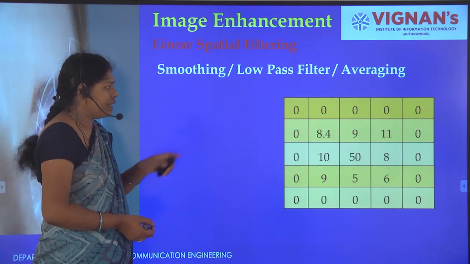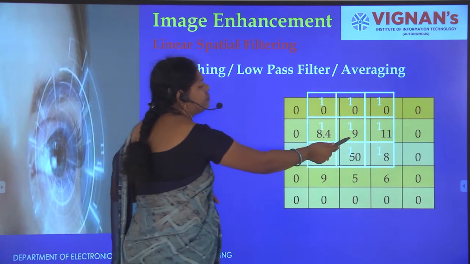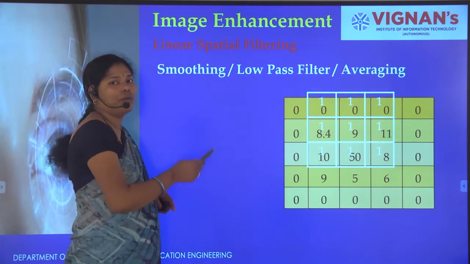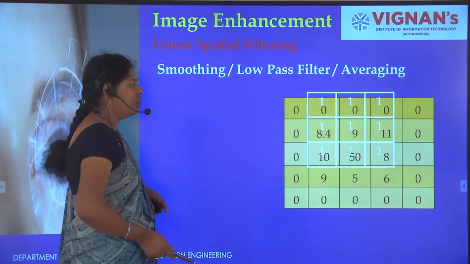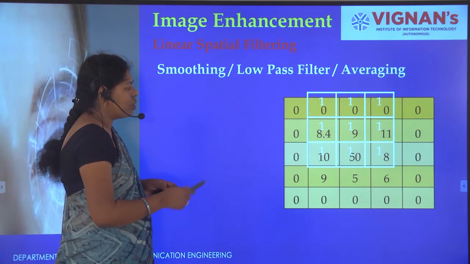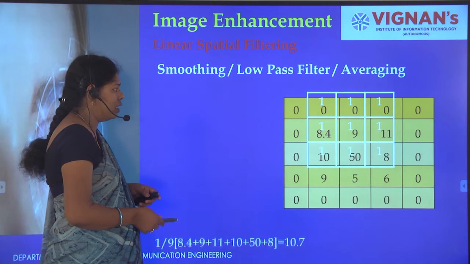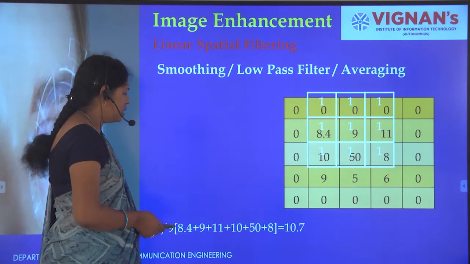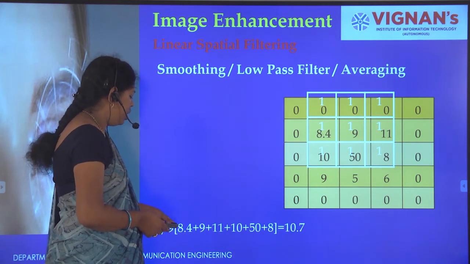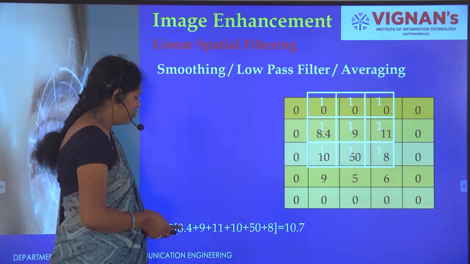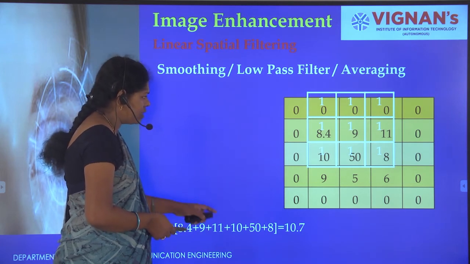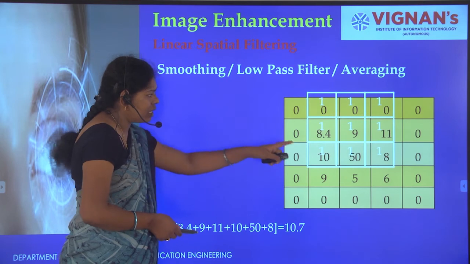Now for the second one, which is 9. The 9 will be aligned with the center of the mask. Again the process is the same. 1 by 9, which is common for all, into 8.4 plus 9 plus 11 plus 10 plus 50 plus 8.